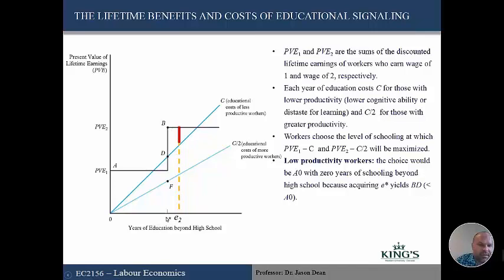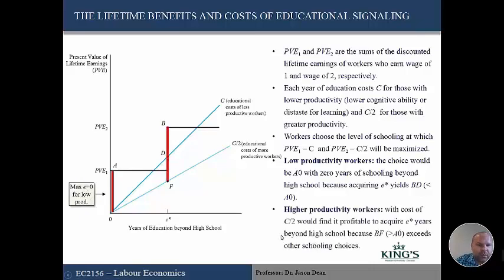And they wouldn't pick E-star because we already know that this distance here is less than this distance here, which is their net benefit if they just got 0 years of schooling. So the education level for low productivity workers is going to be 0, and for high ability workers it's going to be E-star.